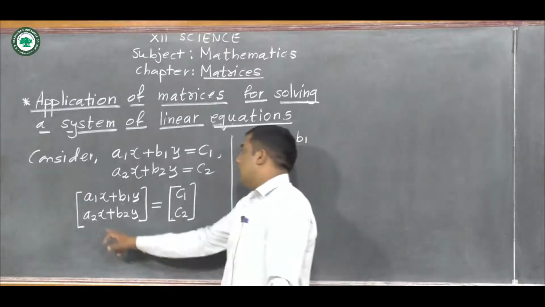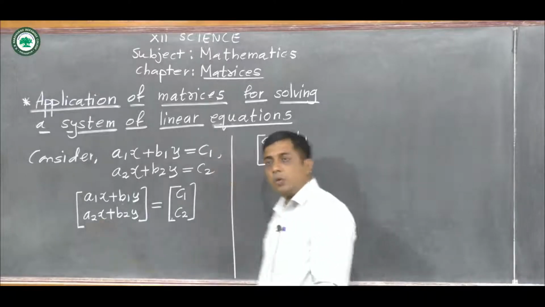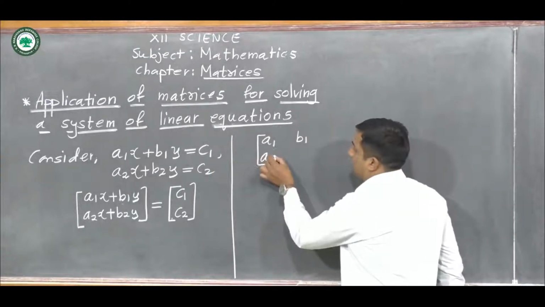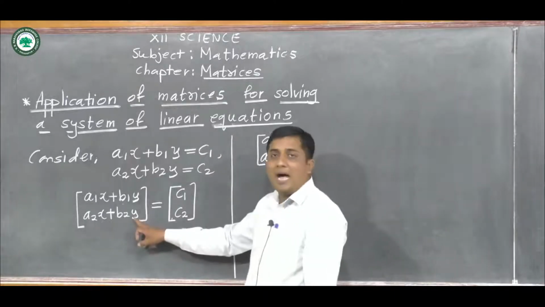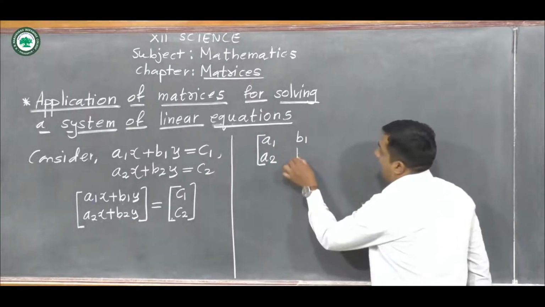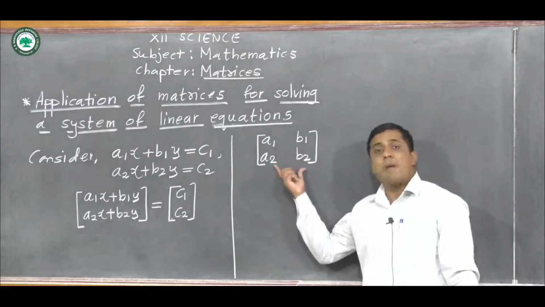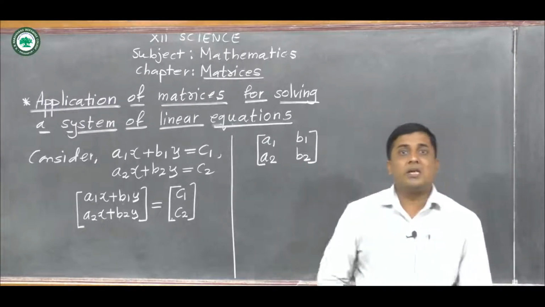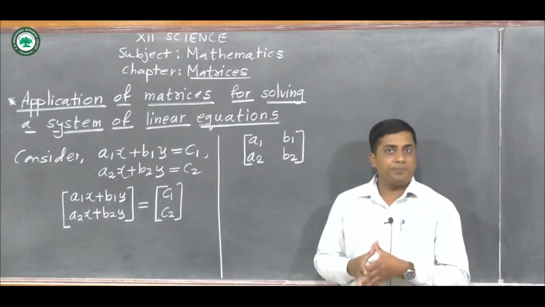Next, the coefficient of x in the second equation is a2, so the second row first element is a2. Then the coefficient of y is b2, so the second element of the second row is b2. So this first matrix is for the coefficients of the variables x and y.